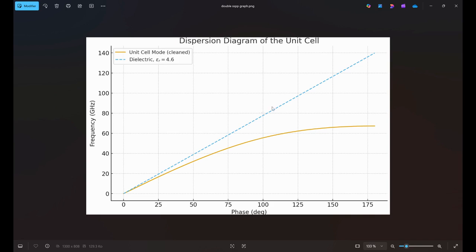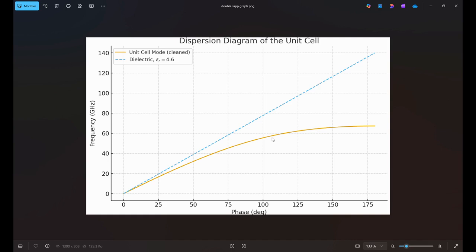If we have an increased effective permittivity, that means we also have an increase in the wave number, which means that we can now make circuits that are much more compact than standard microstrip, for example.